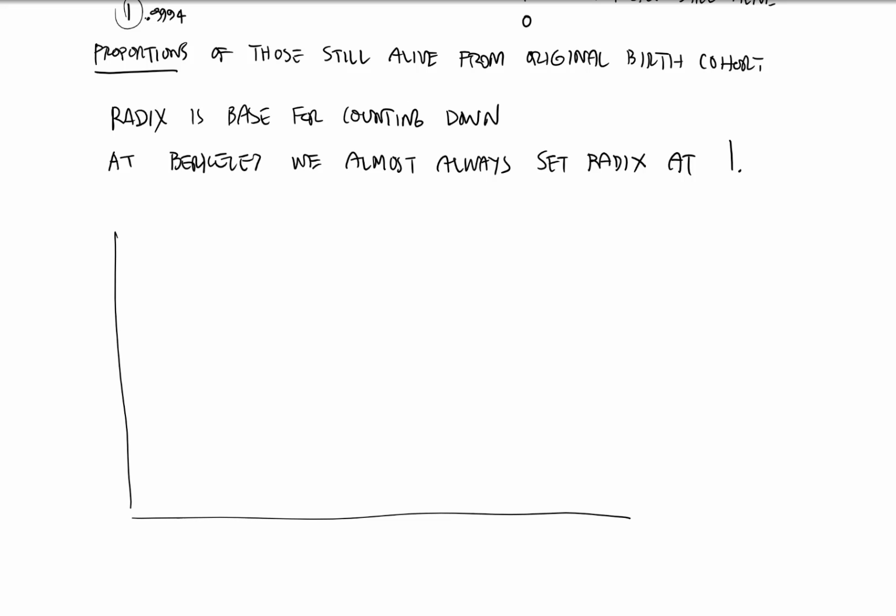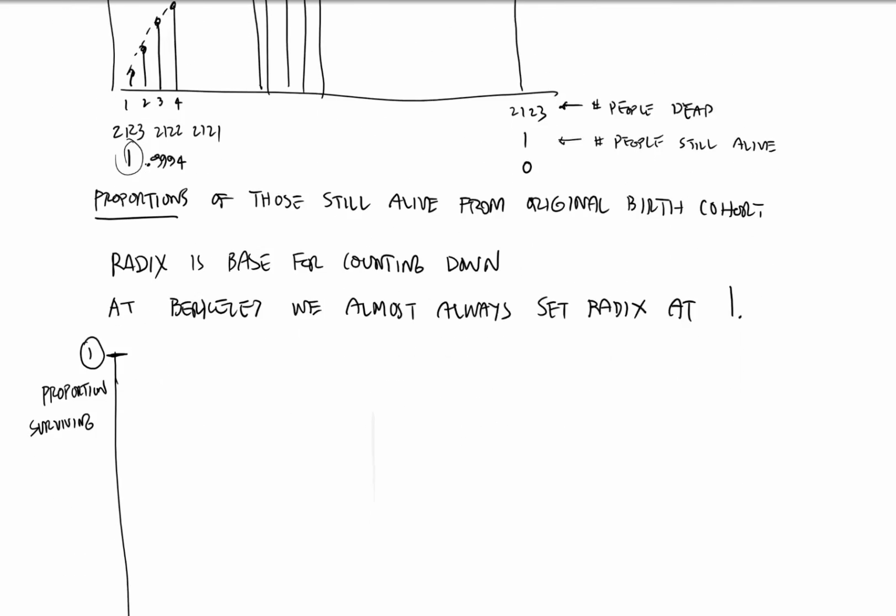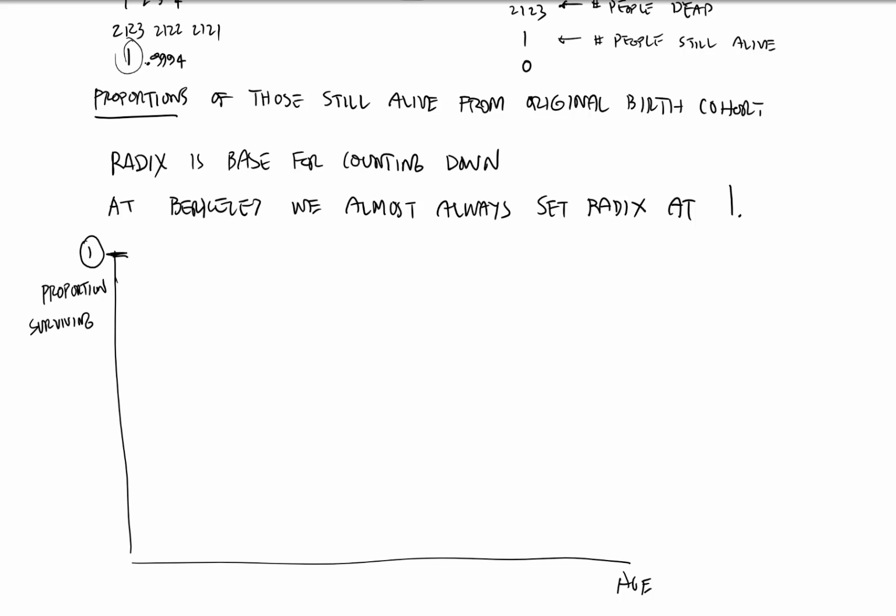So we have the proportion surviving, and we have age here, and we just said we set our radix at 1 at Berkeley. And now we're going to draw these lines exactly like this. We're going to copy this, but we're going to now flip the axes. And so we have the short line there and another short line. And then our lines start to get a little bit longer.